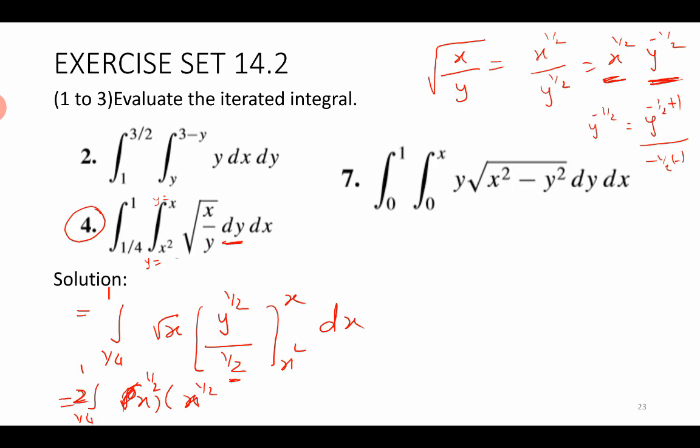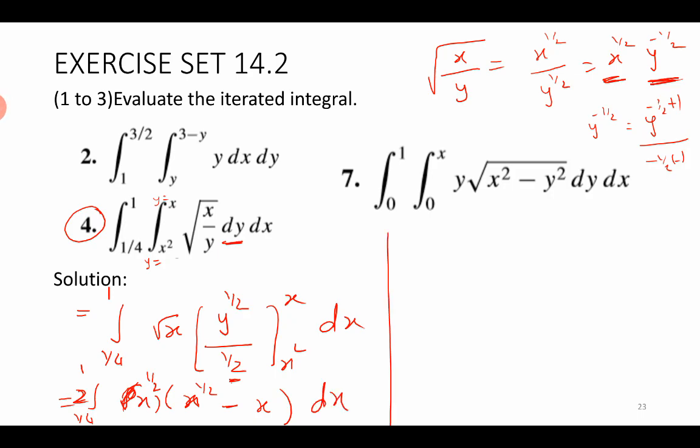Now x power 2, minus y will be replaced by x square power half. x square power half will be what? Multiply this one, it will be x dx.